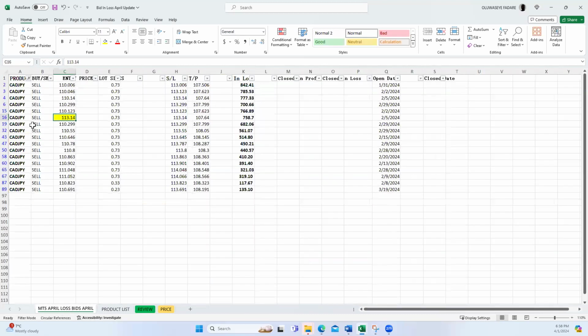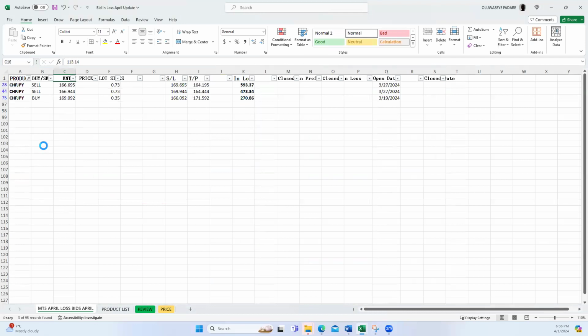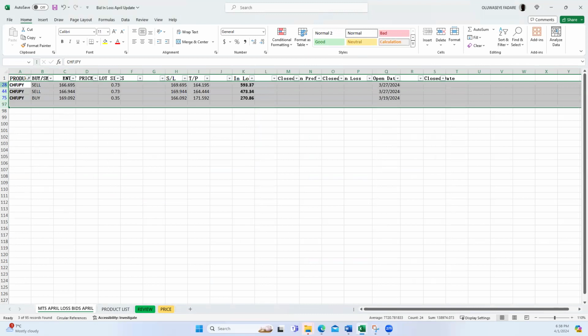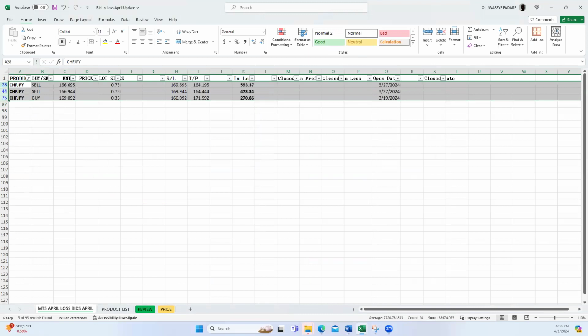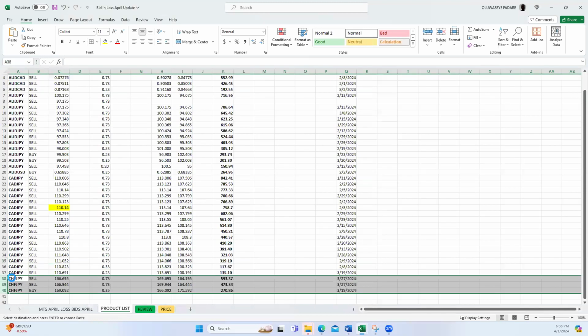Okay, let's look at the next one. Let's take one more, CHF JPY again, one of the good products. You can see it's not much today. We have just 3.3. We have both buy and sell, as you can see. So I'm going to copy that here.